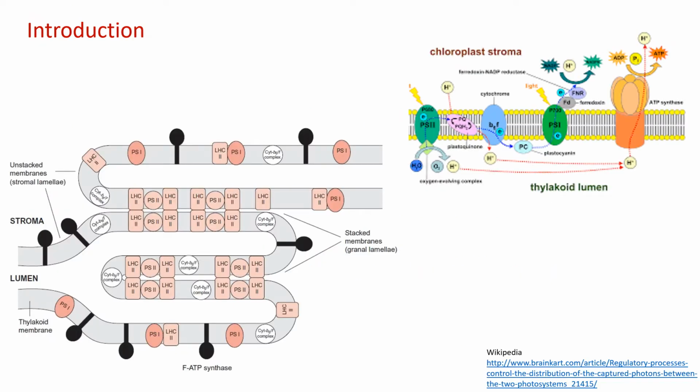Chloroplast is the main functional unit that does the photosynthesis, and it is composed of thylakoid membranes, and thylakoid membranes are present either in the stacked grana form or in the unstacked stroma form.